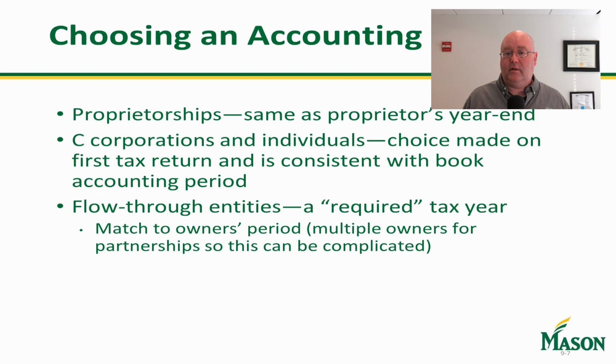And so basically what happens is, say, for example, you've got 3 corporate partners who are forming a partnership. One has a 4/15 year end and 2 are calendar year ends. Well, which one's going to create the least amount of deferral? Well, it's going to be the calendar year end, because it also depends on the amount of ownership that they have, right?